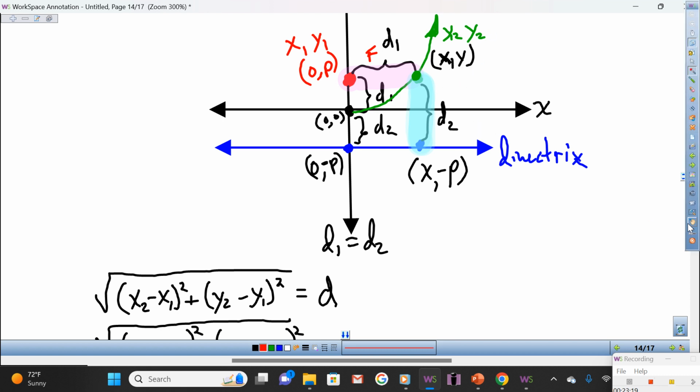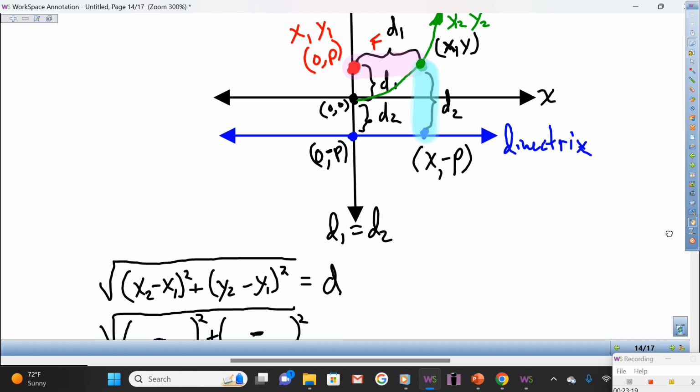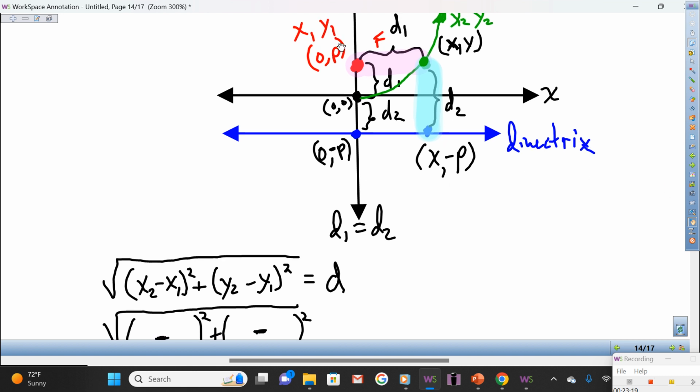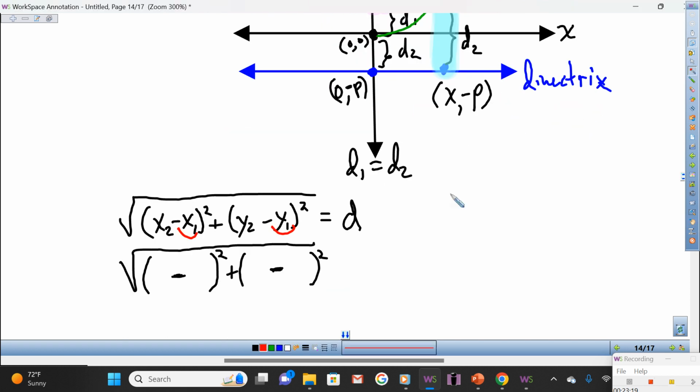All right, so let me scoot this up so I can do the substitution. Here it goes. I'm going to do x sub 1, y sub 1. So here underneath, x sub 1, y sub 1 is 0 and p. Do that, please.